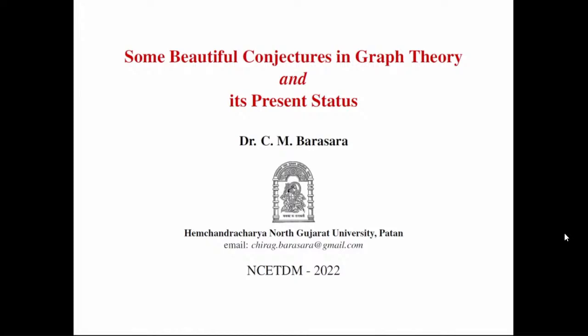It is again regarding cyclic decomposition and a well celebrated conjecture, also popularly termed the graceful tree conjecture.